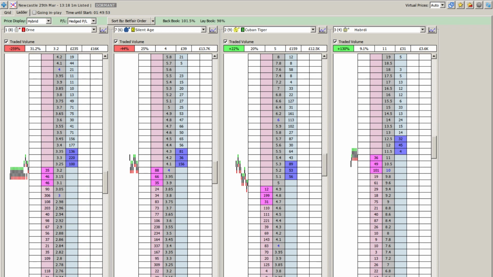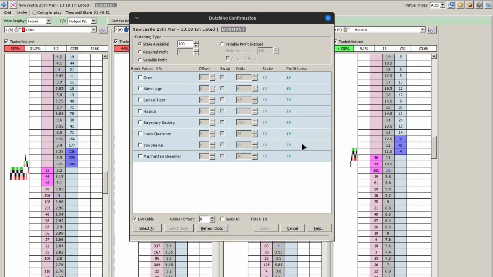So once again, if I pull up the Dutching tool, and let's just do, for the sake of argument, the first 4 in the market, you'll now see our overall stake of £100 is spread quite thin. And as you saw from that previous example, the amount of money on the favourite is lessened yet again, so he's going to have to drop down still further, assuming these other ones decide not to run.